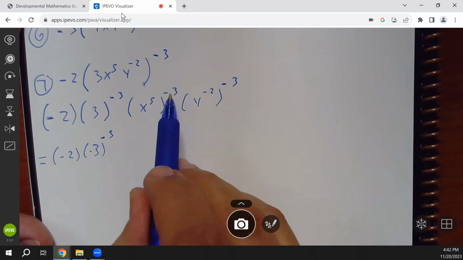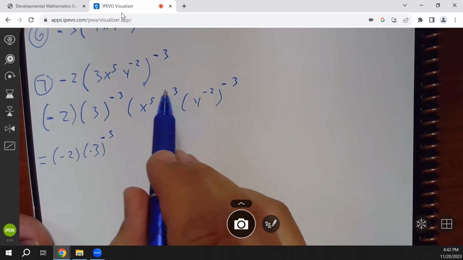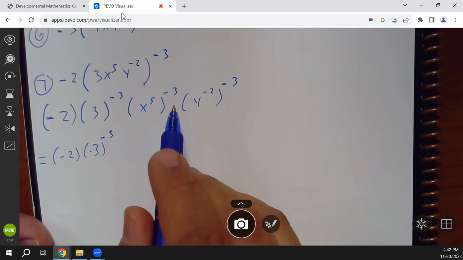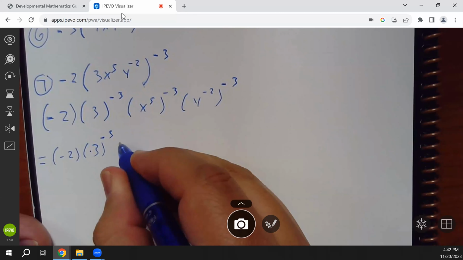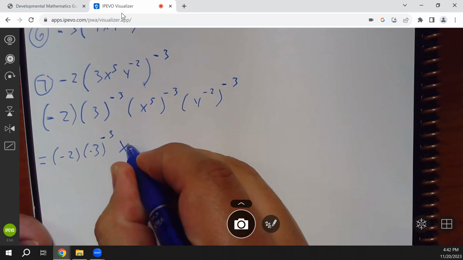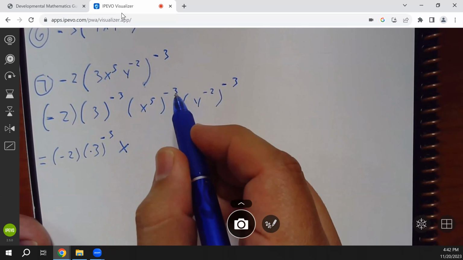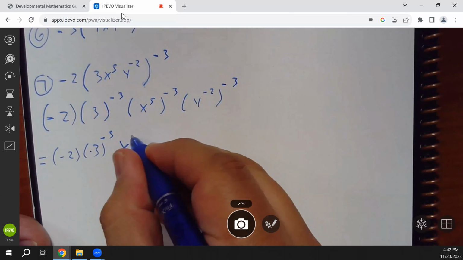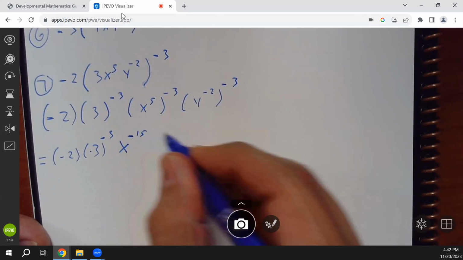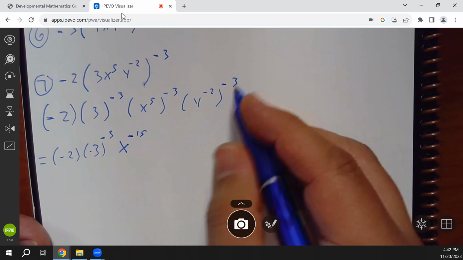The fifth to the negative 3. What do we do here? Yeah, we have to multiply, so 5 times negative 3. Negative 2 times negative 3.